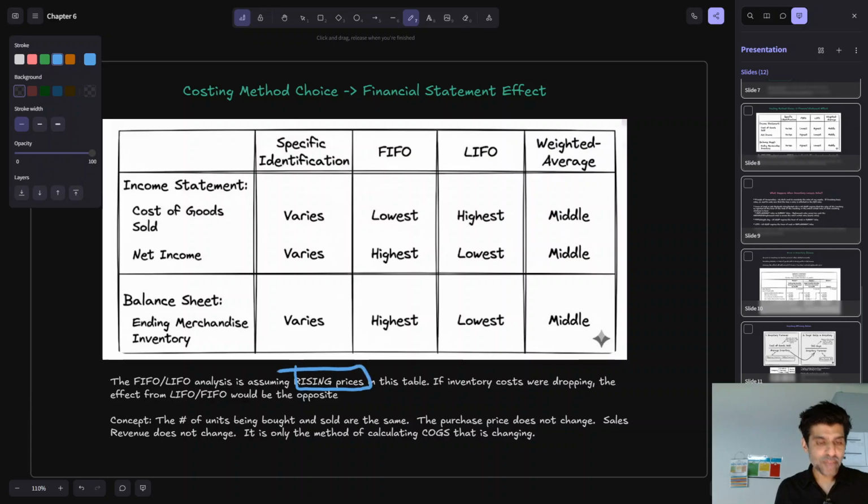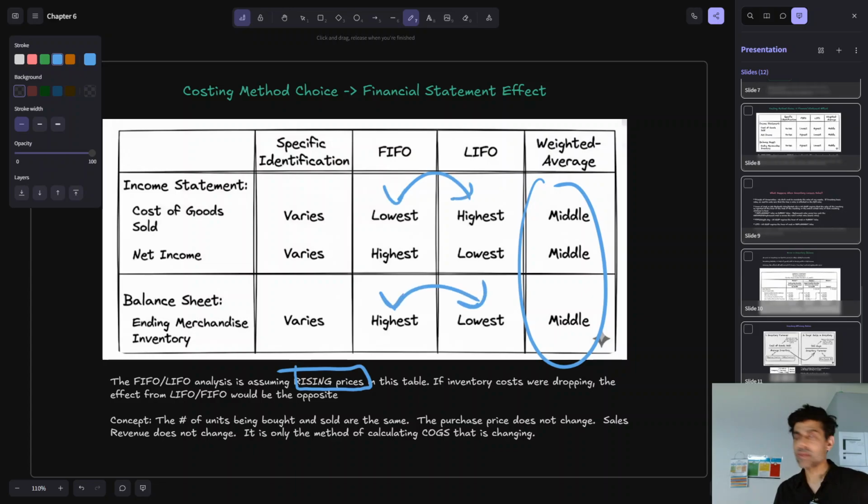Okay, what's the opposite of inflation? Deflation. Has that ever happened where prices go down a lot? Yeah, it definitely has happened. So in that case, this would all be reversed. Weighted average would stay in the middle, but these two would flip, because your oldest inventory would be the highest value, right?